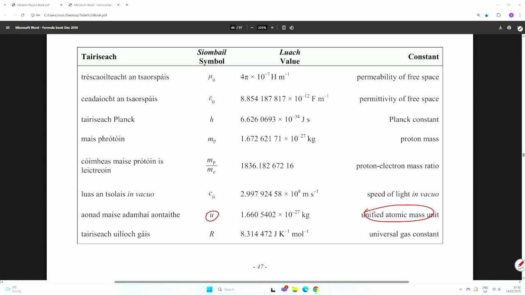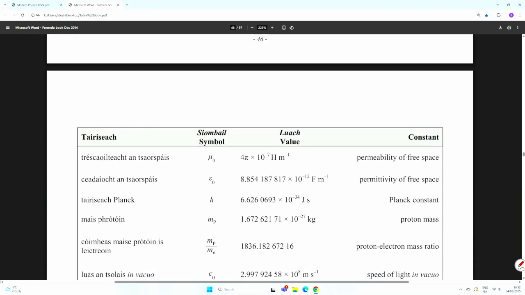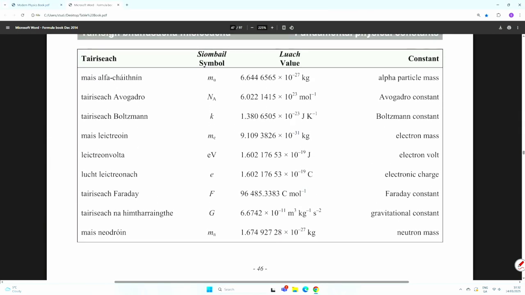Other times I'll round it off. I've rounded it off, you've seen, to 1.66 by 10 to the power of minus 27. And then if I look at the electron volt, on page 46, there's my electron volt there, and I've rounded it off to 1.6 by 10 to the power of minus 19 joules. So there's my conversion factors.